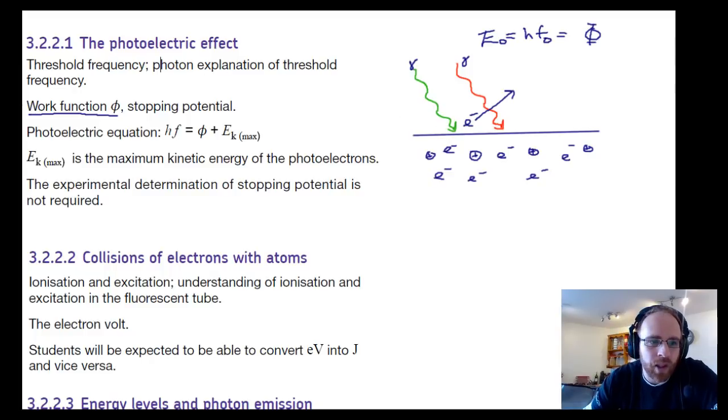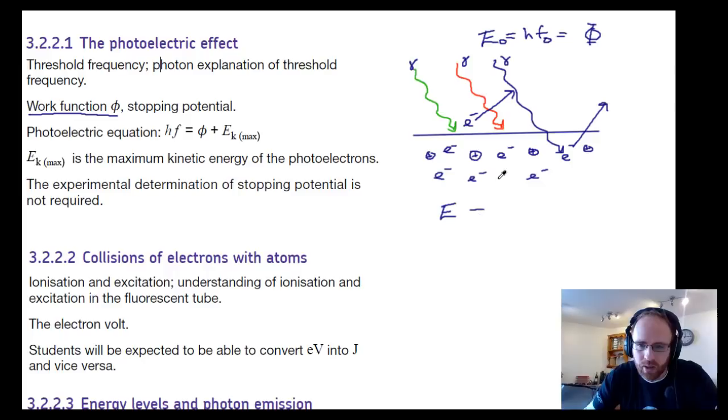If I were to have a blue photon come down and collide with this electron, then it is possible that this electron can pop off, even though that electron isn't on the surface of the metal. So this time we have my work function plus some other energy to get it out of the surface of the metal.